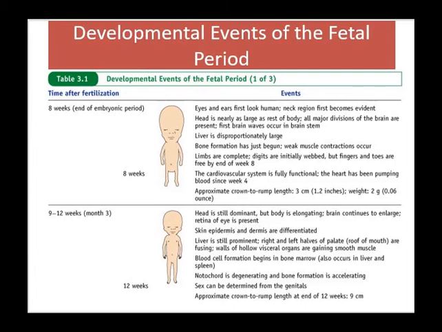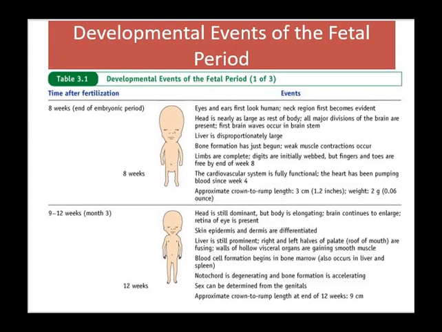Skin, epidermis, and dermis are differentiated. The liver is still prominent. Right and left halves of the palate are fusing. The walls of the hollow visceral organs gain smooth muscles, and blood cell formation begins in the bone marrow, beside the liver and spleen.